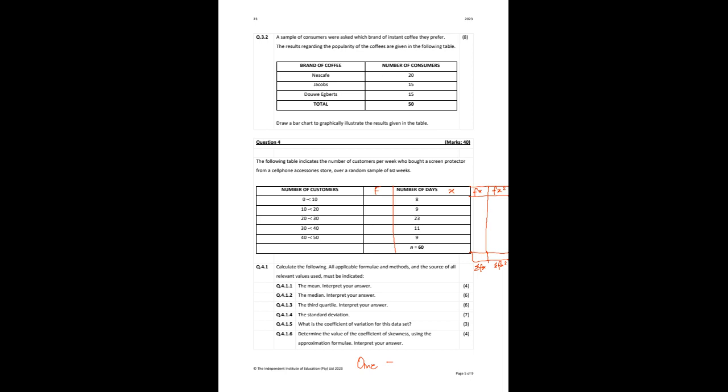Which interval was it that I was using? I think it was 20 to less than 30. Was that the correct one? Yes, so 20 to less than 30 is the one that I was using.